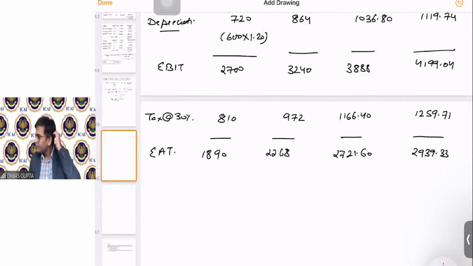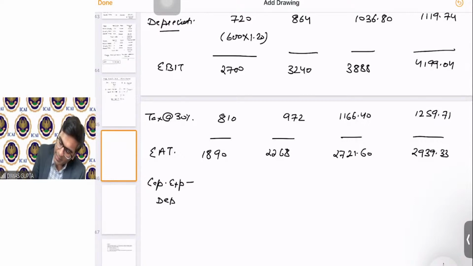Correct? This is earnings after tax, students. Now, next point comes: capital expense minus depreciation, right? In the current year, how much is it?